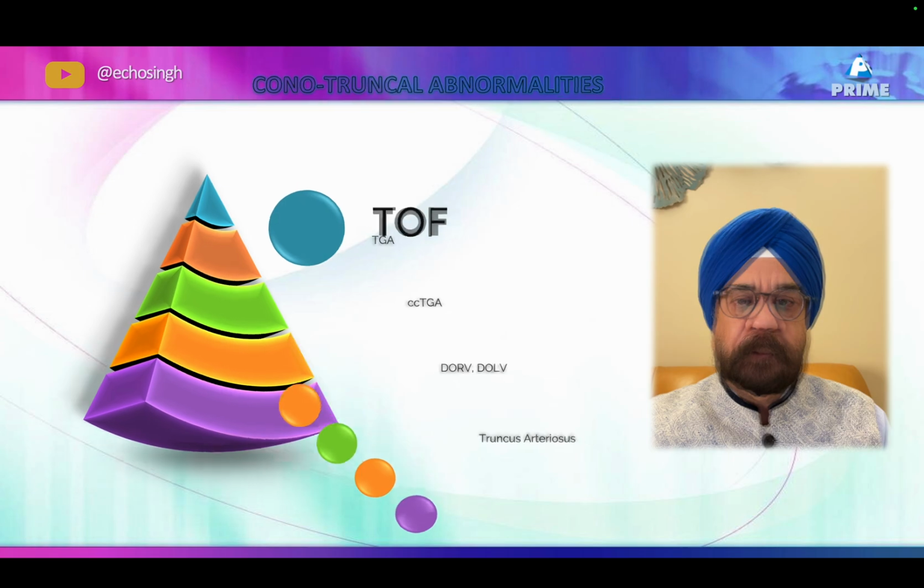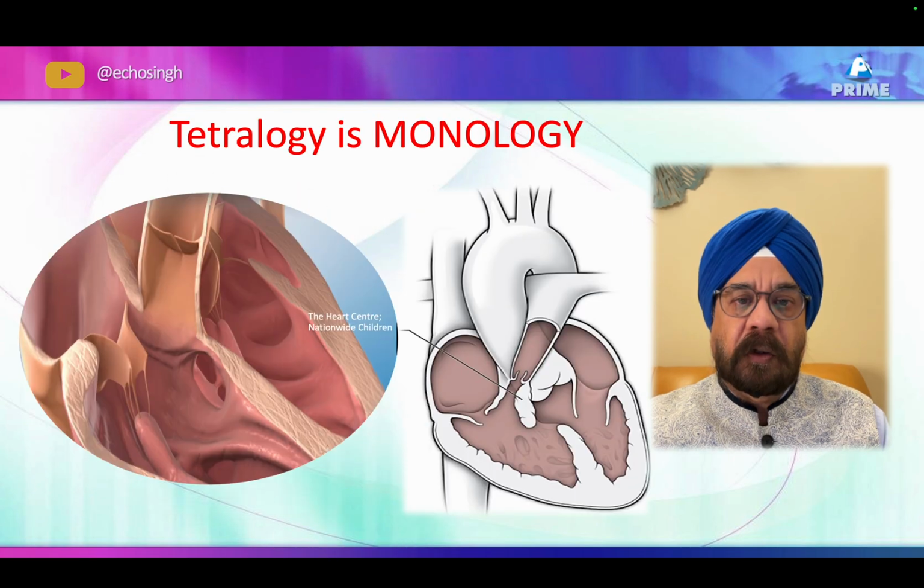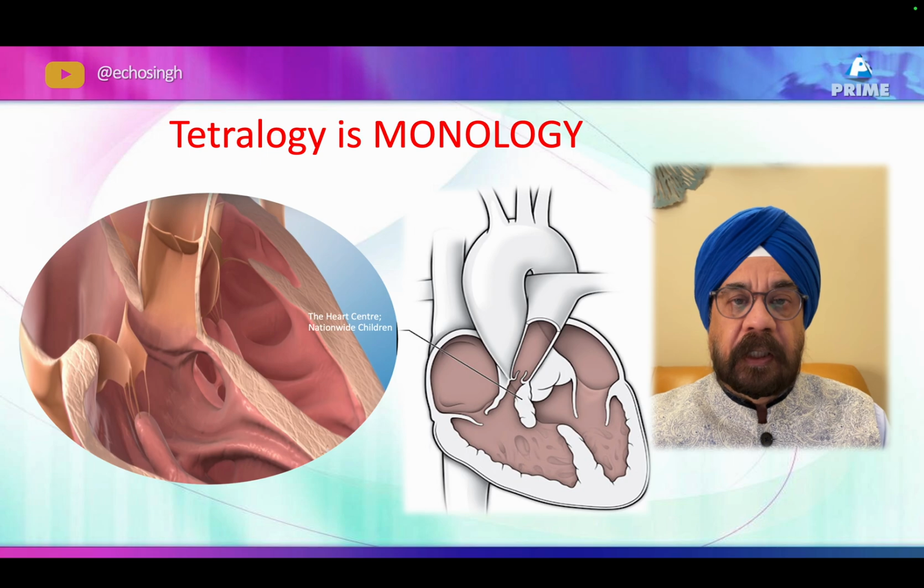Let me begin with tetralogy of Fallot, shortened to TOF. Actually, it's a monology, and I'm sharing this because it has an important bearing on the implication of surgery after birth. It indicates the severity. How does it manifest? You have a ventricular septal defect.